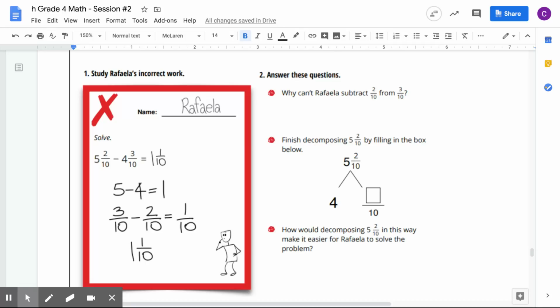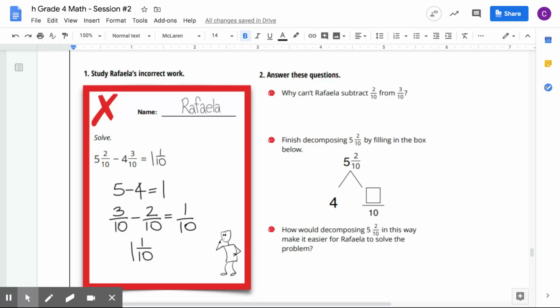And how much goes in our other part of our number bond? 4 is represented by 1 whole, 2 wholes, 3 wholes, 4 wholes. So that's really this, this, this, and this. And how much is left over? Oh, we want to keep that there.